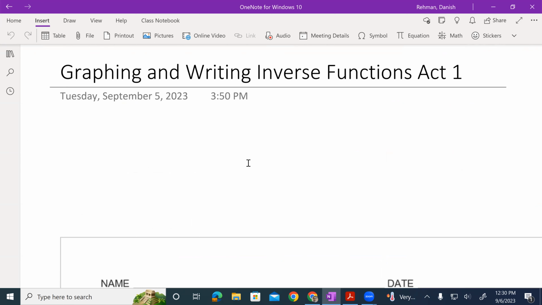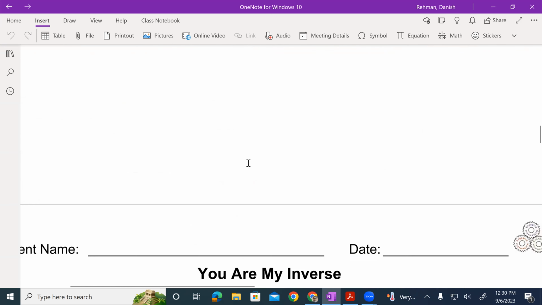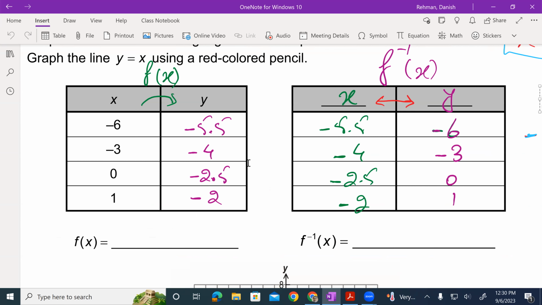The values of x are now the values of y. That's how we will create the inverse of a function in terms of tables. Make sense? Difficult? No? We can do that, huh? Easy thing. So in the table, it's really easy.